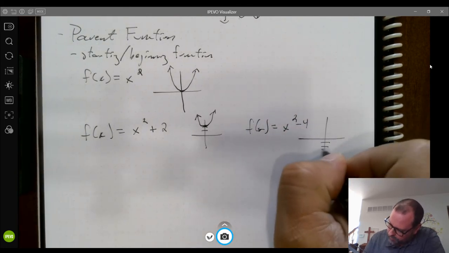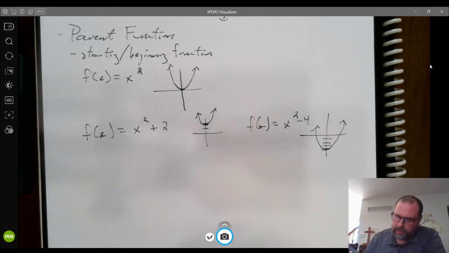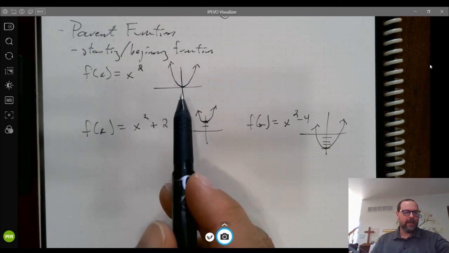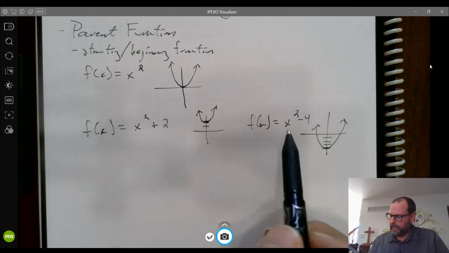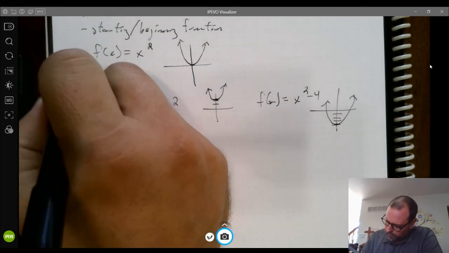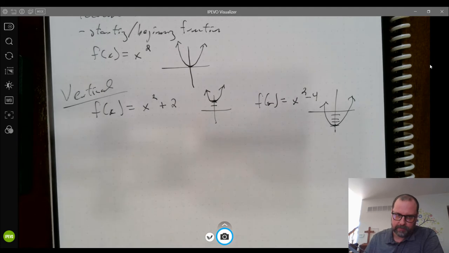Well, I'd go down 1, 2, 3, 4, and I'd have the same U. It just took this original parent function and moved it down 4 spots. So up or down is anything just outside of there. Plus 2 is up 2, minus 4 is down 4, plus 7 would be up 7, and so on. So that gives us what we would call a vertical shift.